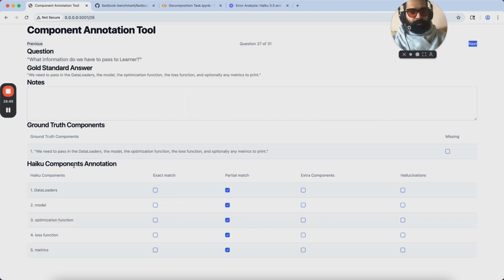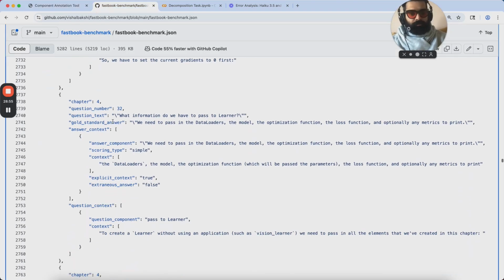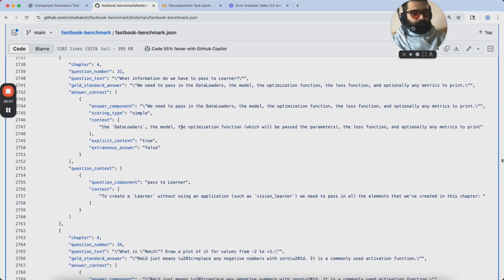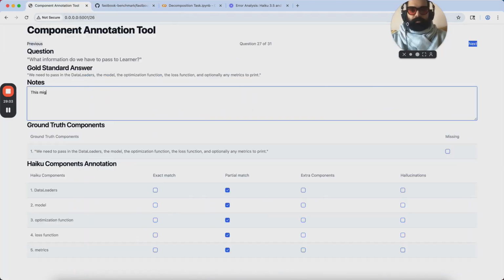What information do we have to pass to the learner? Yeah, this one is interesting because the data loader is the model. I think this might be a case where the granularity of the haiku components, every time, dilutes the retrieval results.